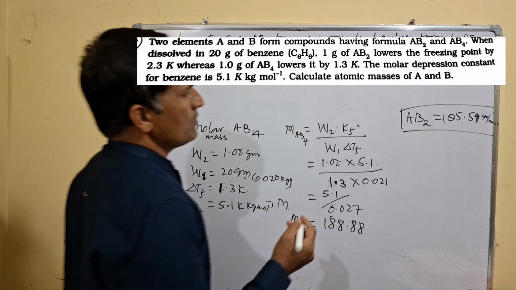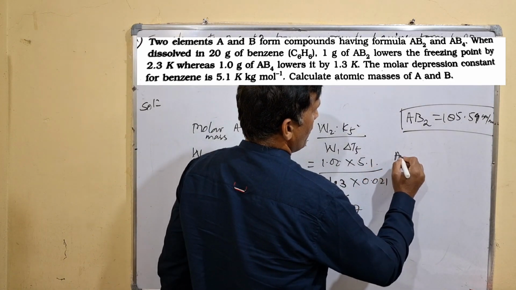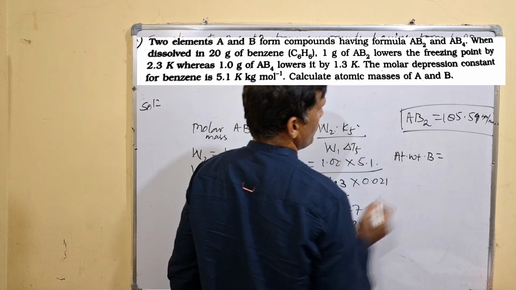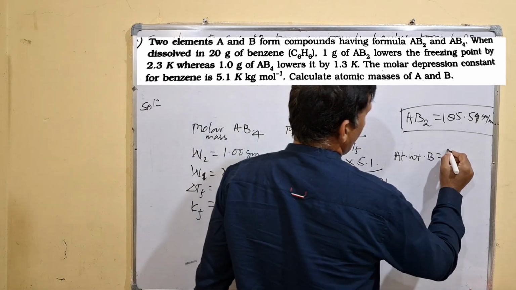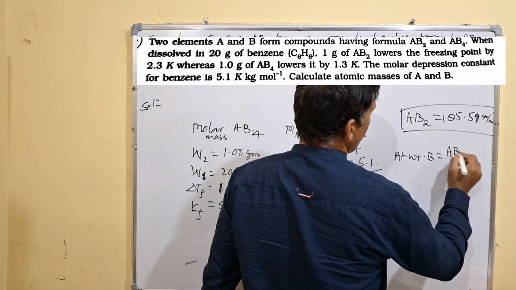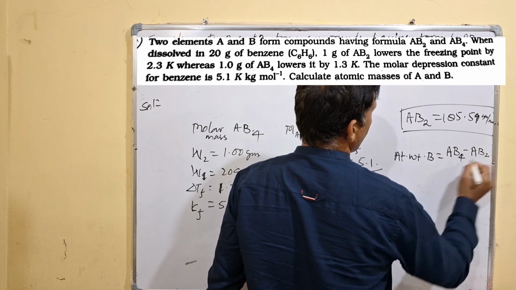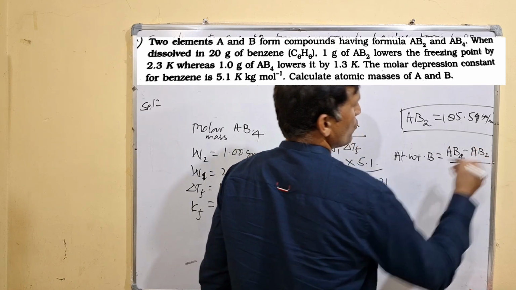Now how can we calculate the atomic weight of B? Molar mass of AB4 minus molar mass of AB2, the difference is what? It is 2B.